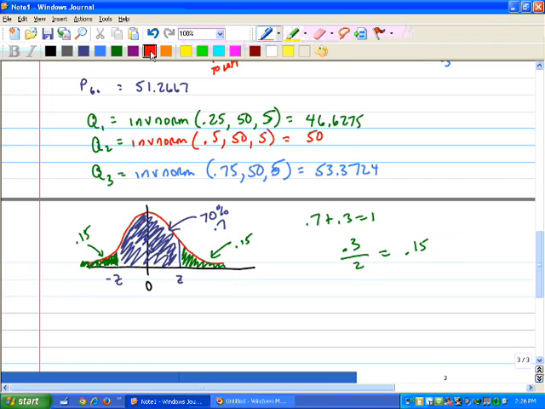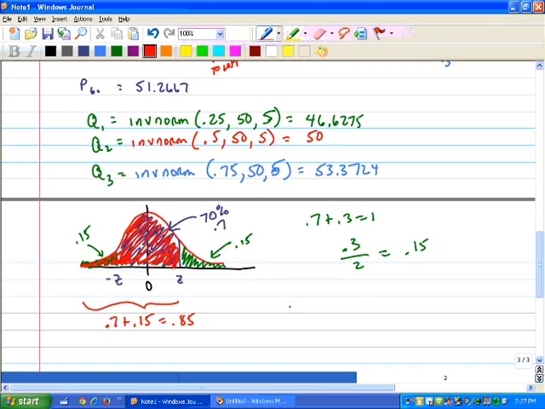So if we want to know the value z, we're looking for the value where the area to the left of z under the curve is going to be 0.7 plus 0.15 or 0.85.